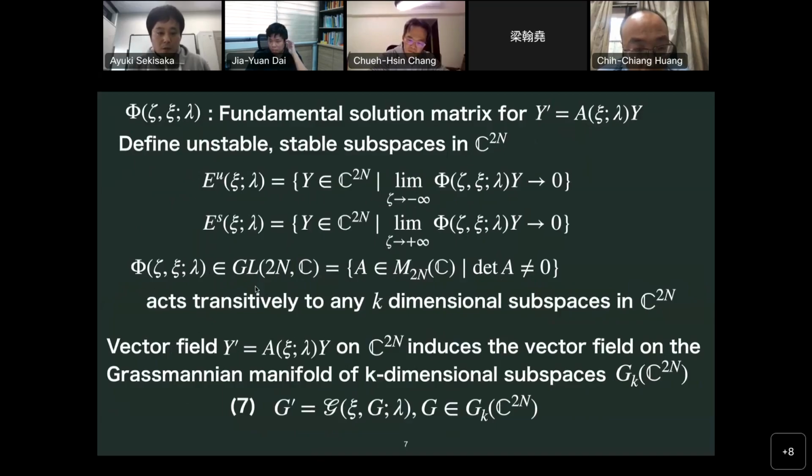This relation means that the linear system on a 2n-dimensional vector space induces a vector field on the Grassmannian manifold of k-dimensional subspaces, expressed as G_k(C^2n). The induced vector field is expressed as equation 7, and it is induced by the linear system y' = A(z, xi, lambda) y.